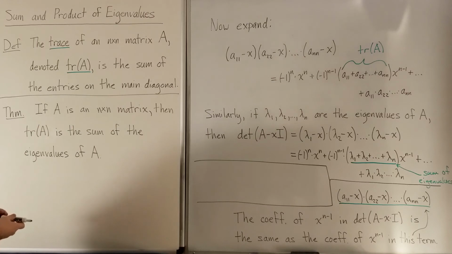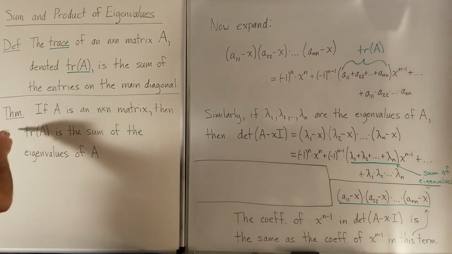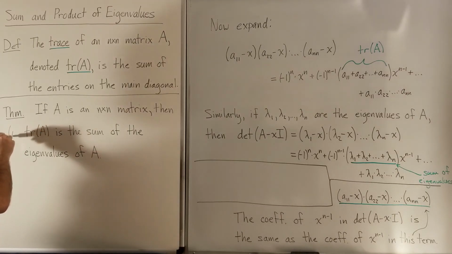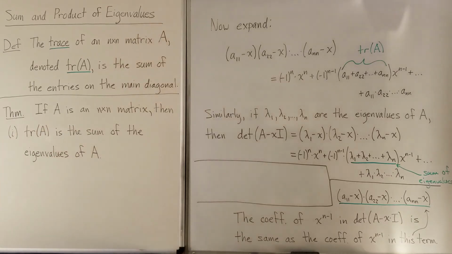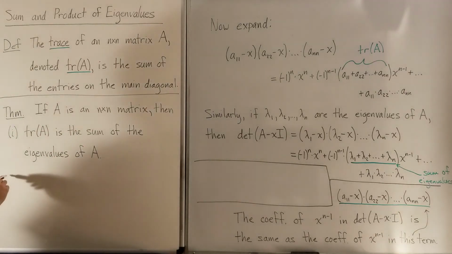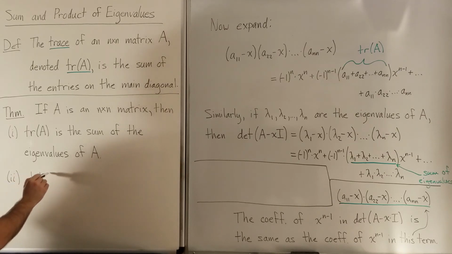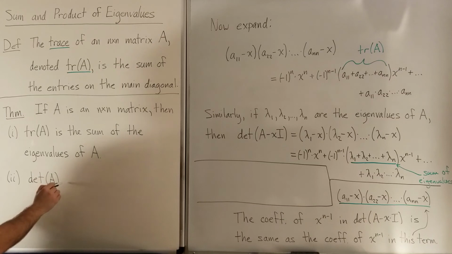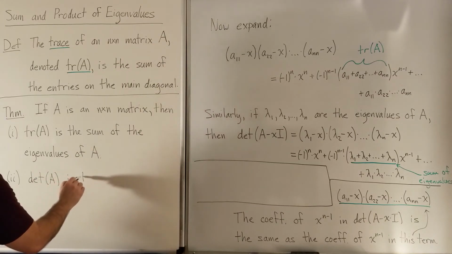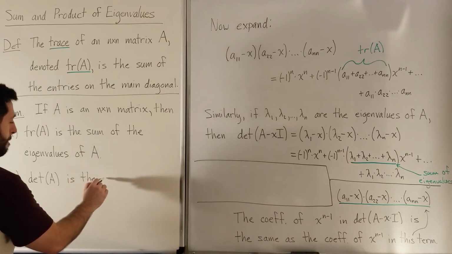Okay, so I want to now make this a two-part theorem. So if A is an n by n matrix, then this first part we just proved. And now I want to say the determinant of the matrix A is the product of the eigenvalues.